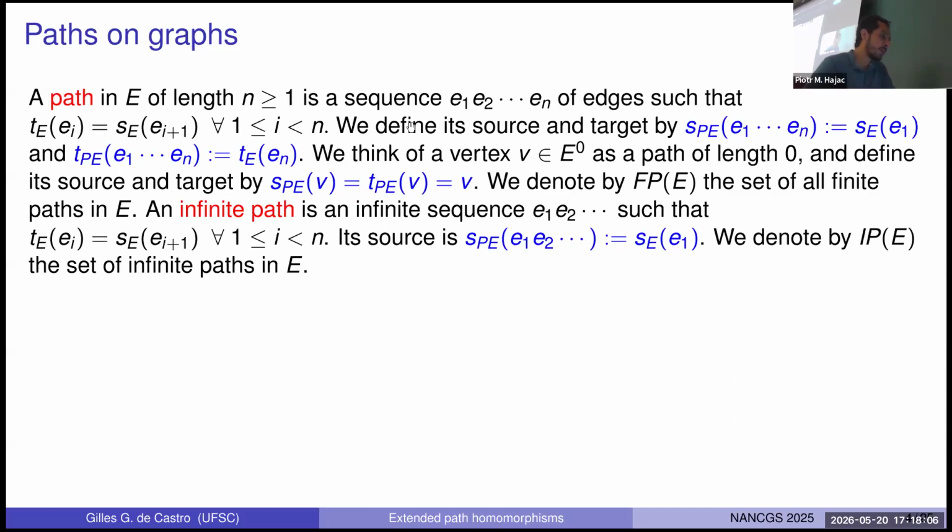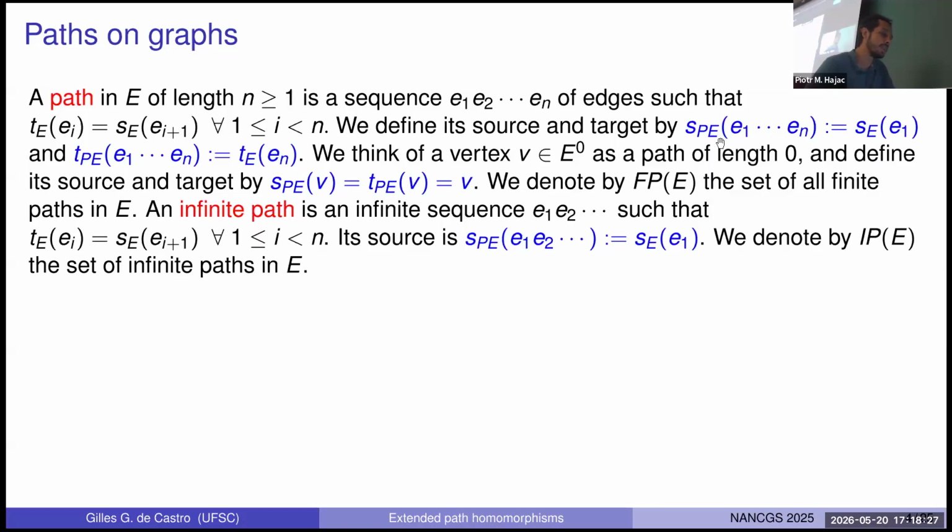For paths, we can also define the source and the target. The source is just the source of the first edge, and the target is the target of the last edge. Sometimes it's going to be important to distinguish the map when applied to all paths from the map when applied just to edges.